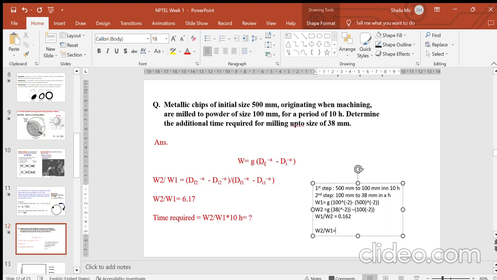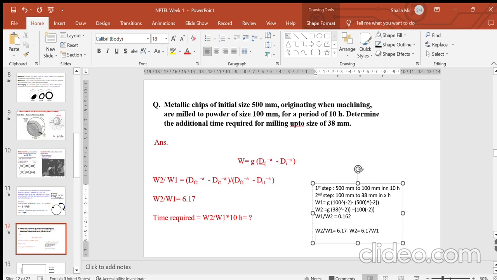right? So that means the energy required in the first step is 0.162 times the second step. So W2 by W1 you will find out, that will be 1 divided by 0.162, that will be 6.17.